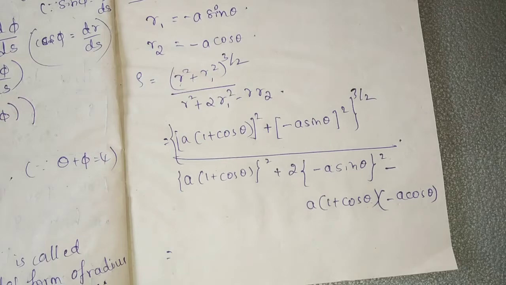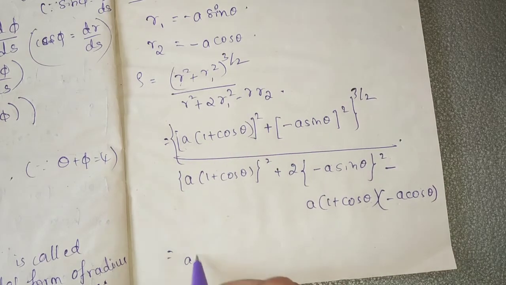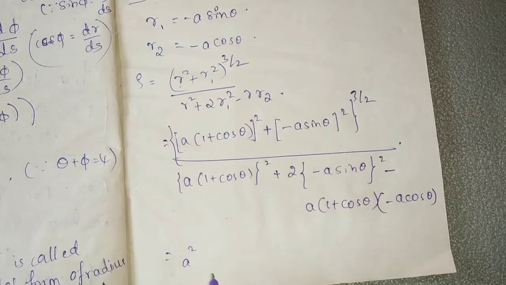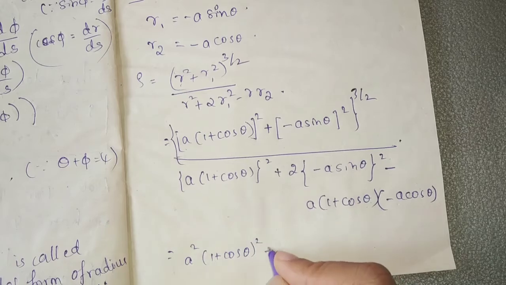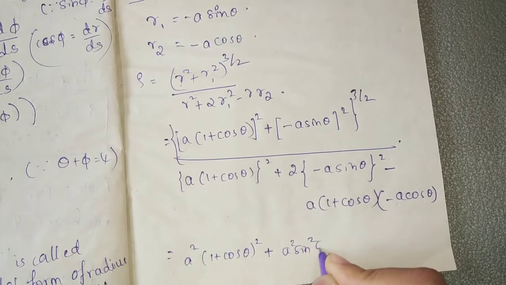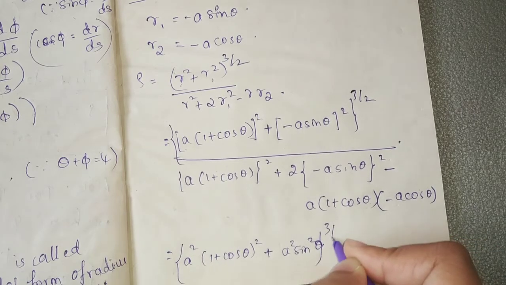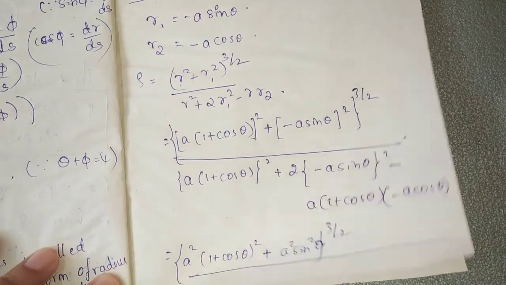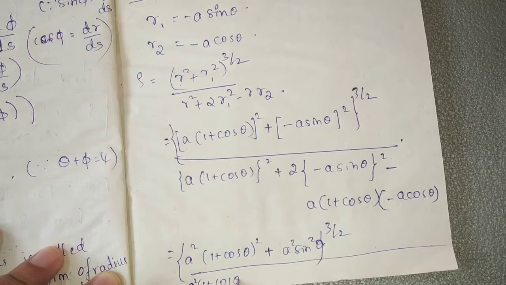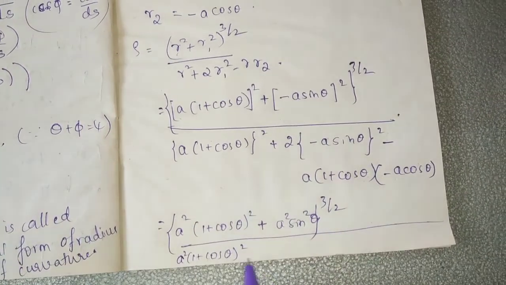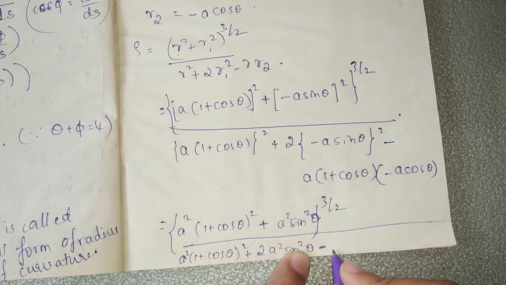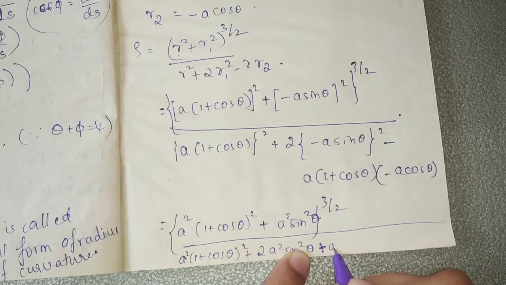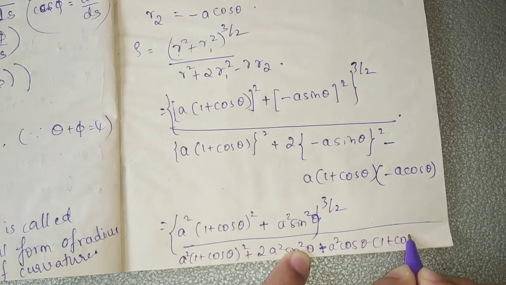Now we need to solve. So rho will be equal to a square into 1 plus cos theta the whole square plus a square sin square theta whole raised to 3 by 2, divided by a square into 1 plus cos theta the whole square plus 2 times a square sin square theta, minus minus into minus, this will be plus a square cos theta into 1 plus cos theta.